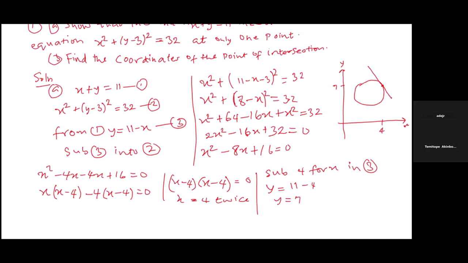Yeah, sir. I'm done writing. Okay. So that answers A. So the B part says we should do what? We should find the coordinate of the point of intersection. So we just put the x and y obtained together. So the point of intersection is what I've drawn here. So x, y equals 4, 7. That's the point of intersection.